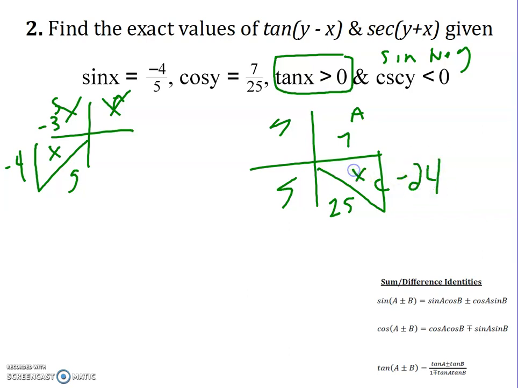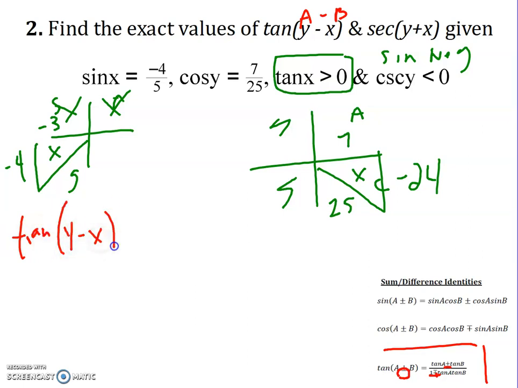This is x. If it's going to help you, this is going to be a minus b. So here we go, tan, and instead of an a, we're putting a y. It's a minus, so I'm going to the bottom side.